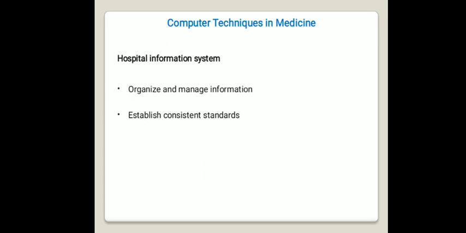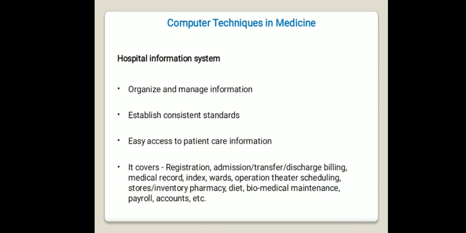A computerized hospital information system can establish consistent standards in the transmission and storage of data and continuously monitor all transactions. It provides easy access to valuable patient care information. The physician can have direct access to all the information of his or her patient through the use of a computer.